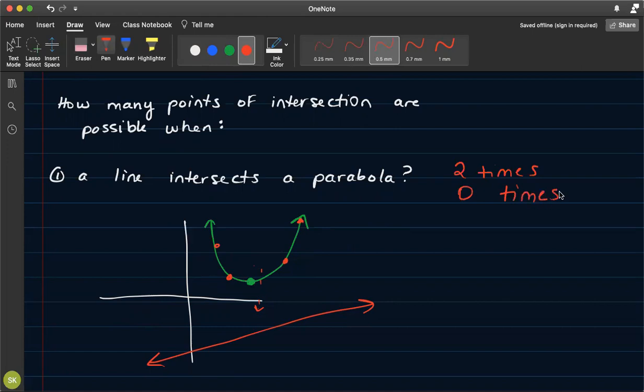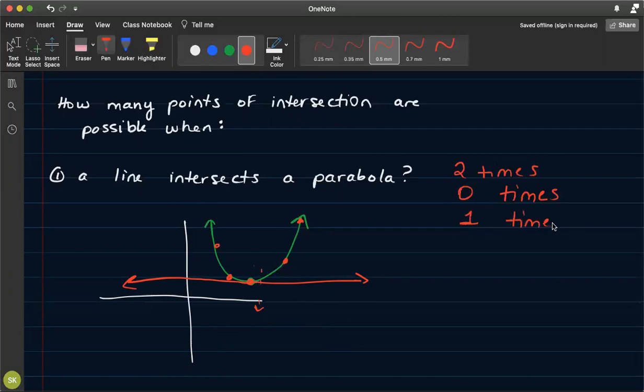Depending on the equation of the parabola and the line, they could not intersect. So that means there won't be any points of intersection. And another option is if you have a line like this, where we only touch the vertex of the parabola, the point at the very bottom, or if the parabola is pointing downward, it'll be the maximum, the point at the top.